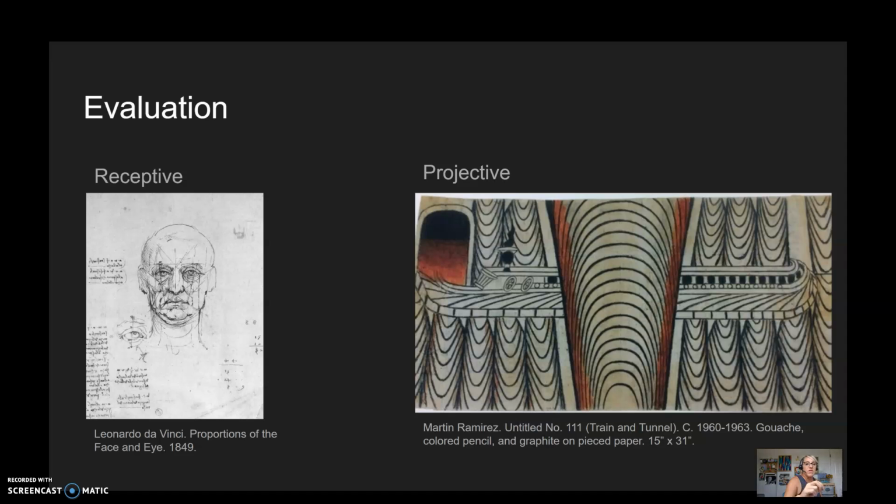So, for example, this sketch by Leonardo da Vinci, he was probably looking at a person and drawing what he saw. And then the other type in contrast is called projective. And those are things that only exist in our minds. Maybe it's a vision or something that we imagine.